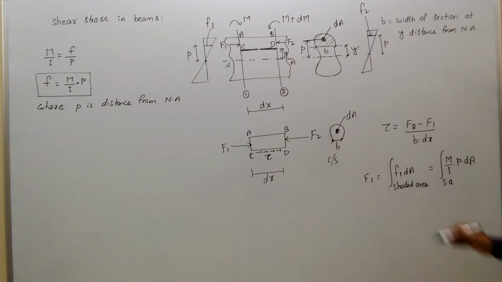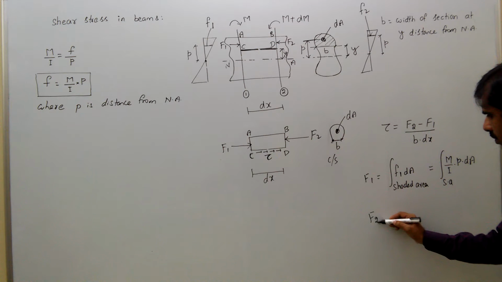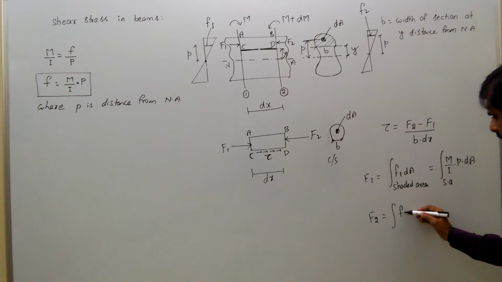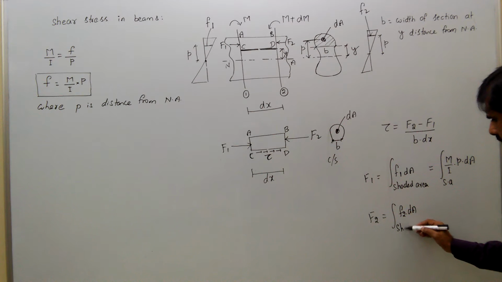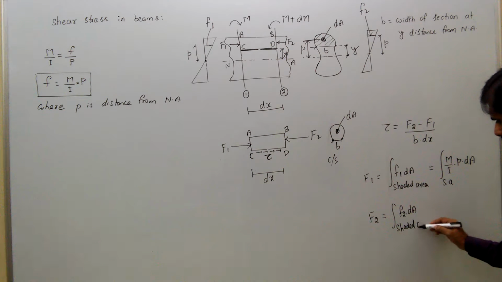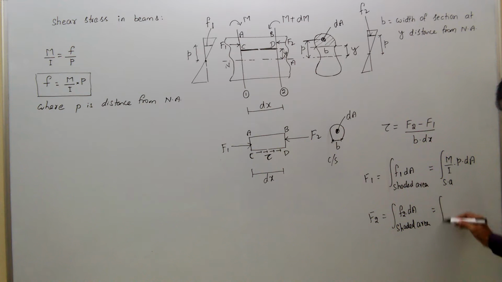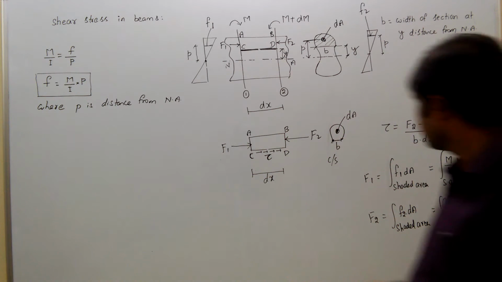Similarly, F2 equal to integral f2 dA over the shaded area. That equals integral of (M plus dM) by I into p dA. Now what is F2 minus F1?